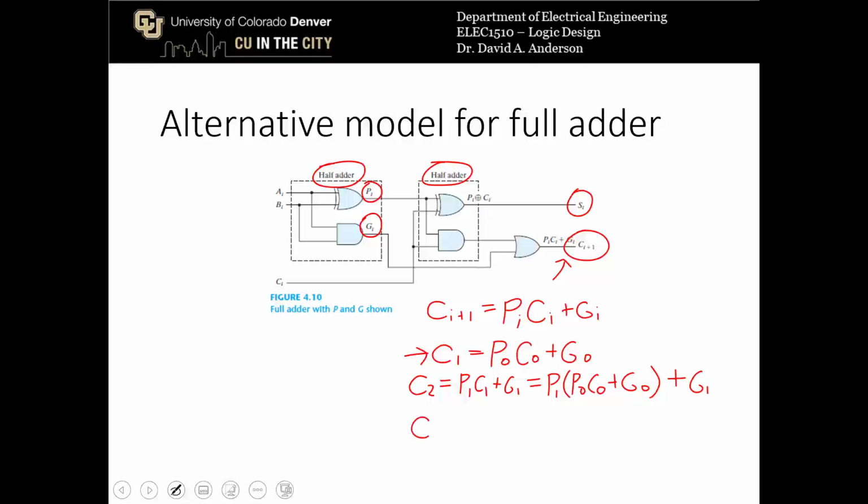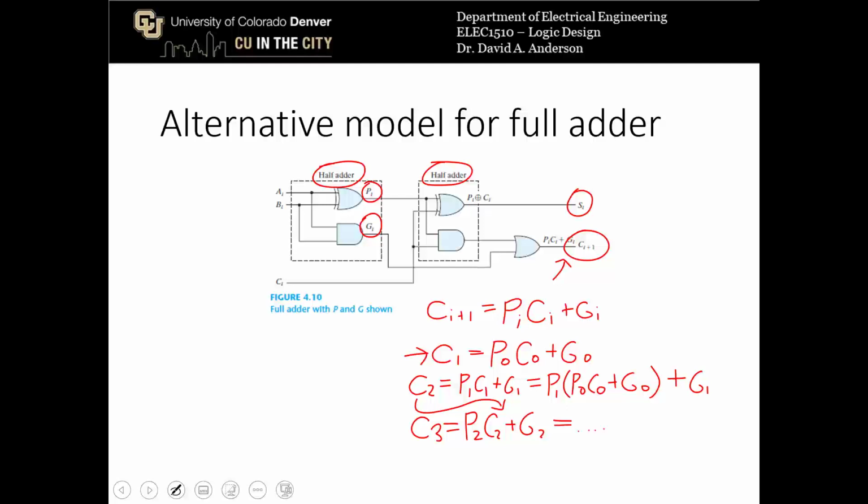Now C sub 3 would be P sub 2 times C sub 2 plus G sub 2, and we would enter in the sum of products expression for C sub 2 into this expression to get a fairly long sum of products expression that I won't write here.